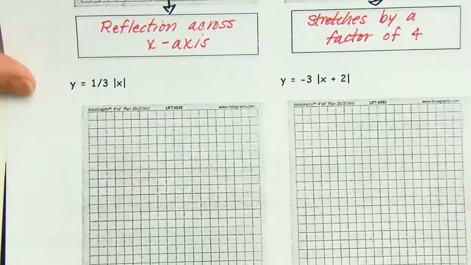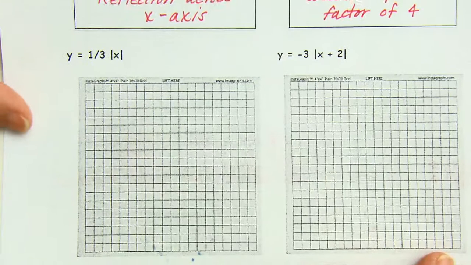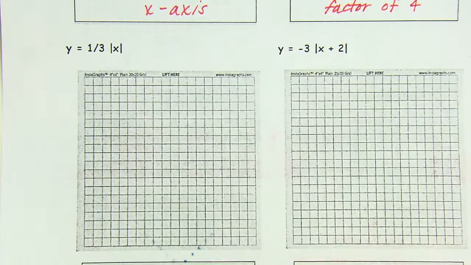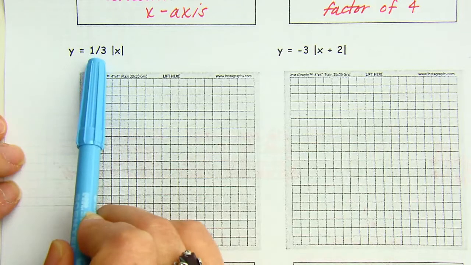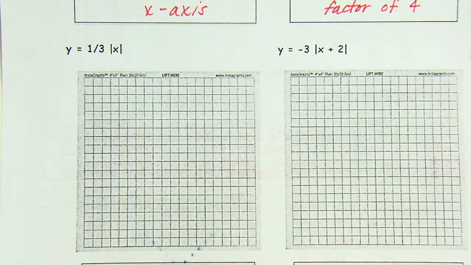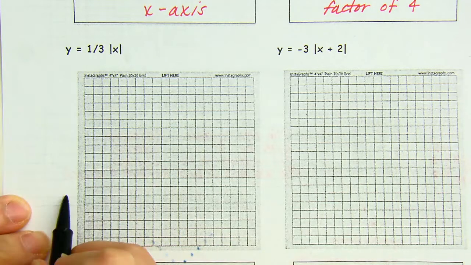Now our next example on the bottom left here is a shrink because we see this 1/3. That's a fraction. That's a number between 0 and 1. So it's going to shrink the graph. So first I have to draw my axes. I don't have to be up too high because there's nothing negative. None of the y's are going to be negative.